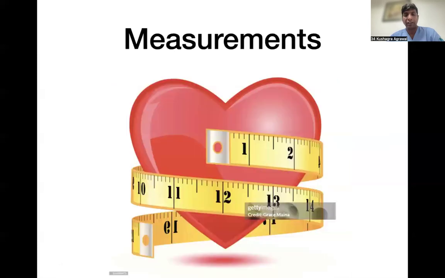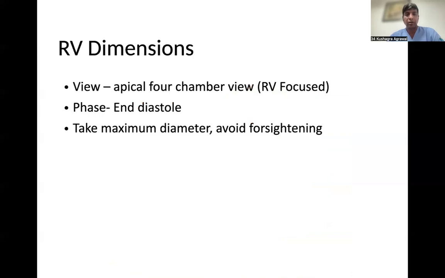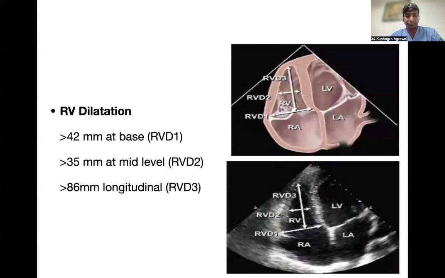Now coming to the relatively difficult part, which is the measurement. To measure the size of the right ventricle, we need an apical four-chamber view with an RV focus window. Size should be assessed in the end diastolic phase, and we should take the maximum diameter.